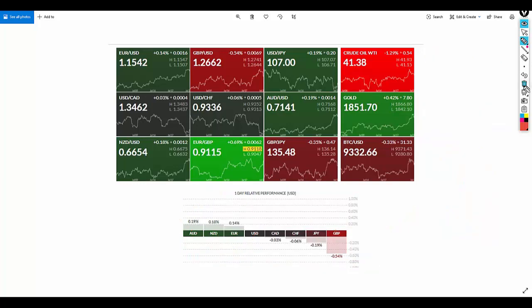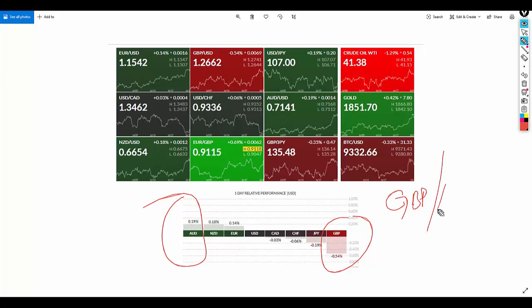Knowing that, in this case, I pick pounds and I pick Australian dollar. Now, Australian dollar is gaining strength while pounds is losing strength in the market, in the London market zone. So good. And you remember, if you want to write this, we write it as pounds slash AUD.